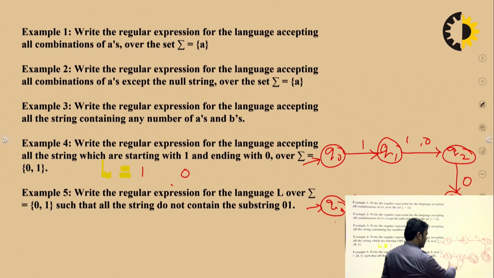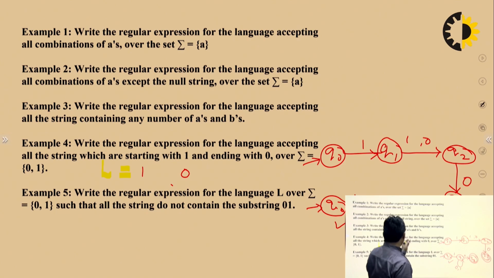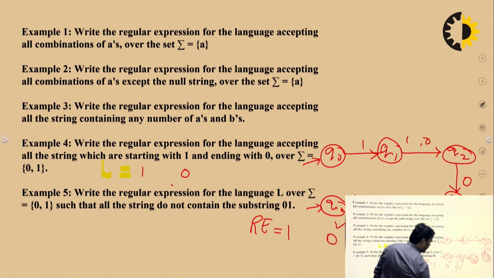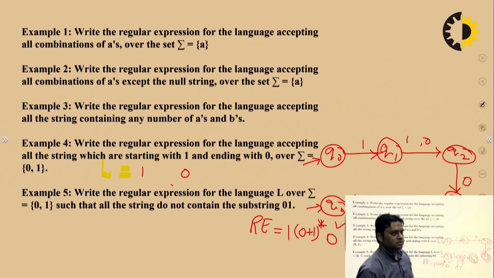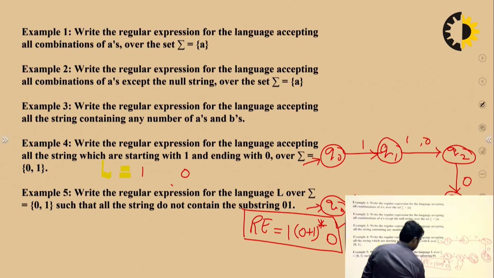This is the minimized finite automata, and the regular expression for this will be 1 and end with 0. In between, 0 or 1 may occur, in (0 plus 1) star, any combination of zeros and ones. So the regular expression for this will be 1 (0 plus 1) star 0. Start with 1 and end with 0, and in between any combination of 0 and 1 may occur.